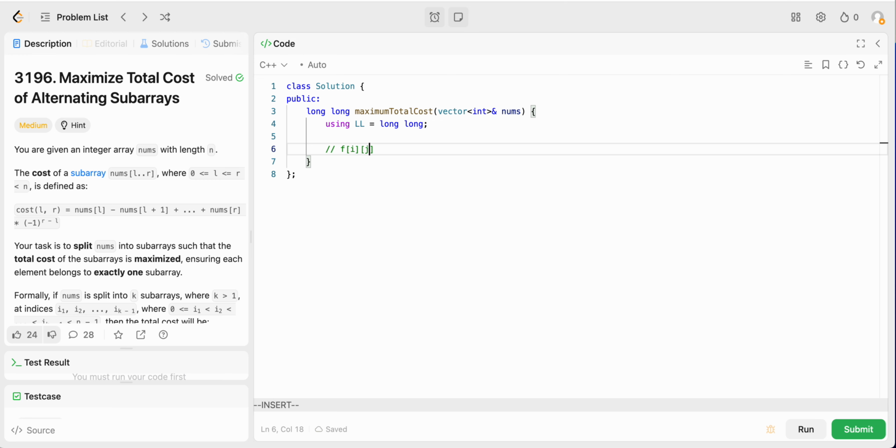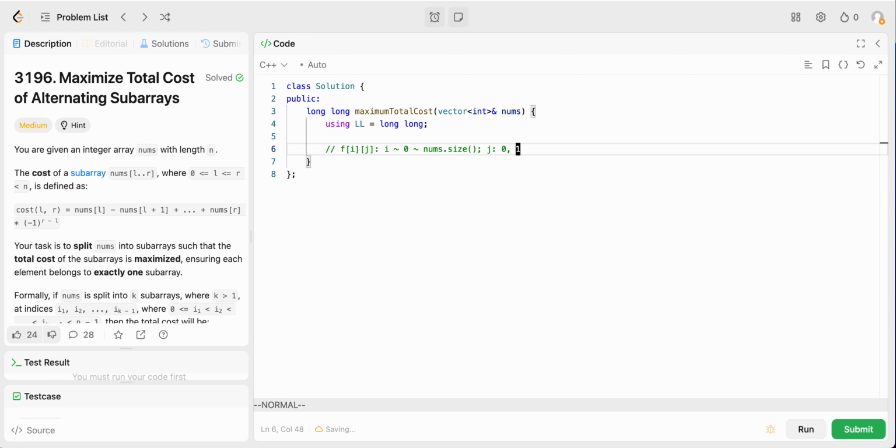Then we define a state f[i][j], where i can be any number from 0 until nums size, and j is just 0 or 1.